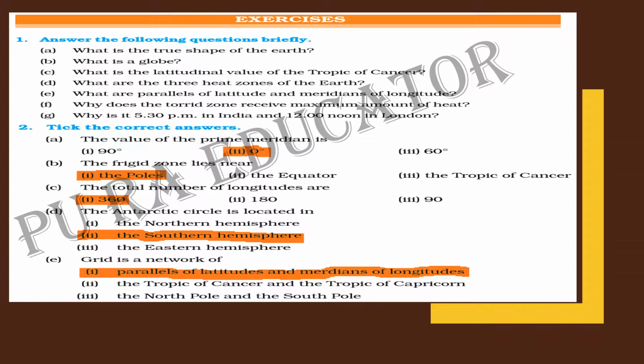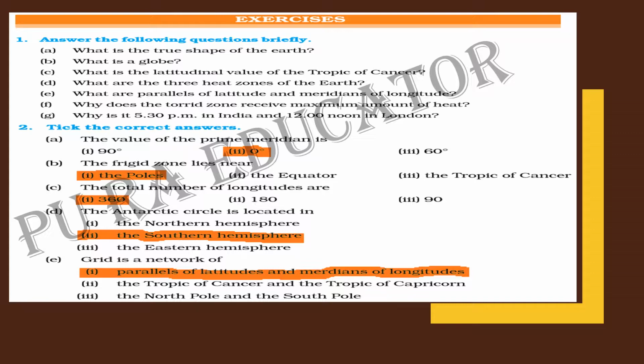Fifth question is, what are the parallels and meridians of longitudes? I have discussed this in detail. You will mention it in the comment section. Sixth question is, why does the torrid zone receive maximum amount of heat? Because throughout the year there is sun overhead.